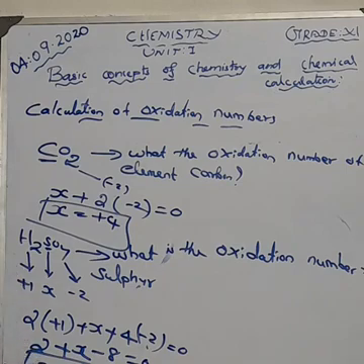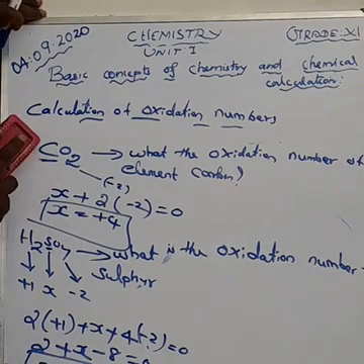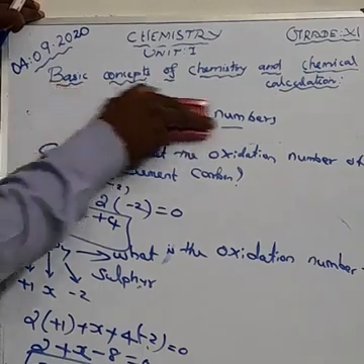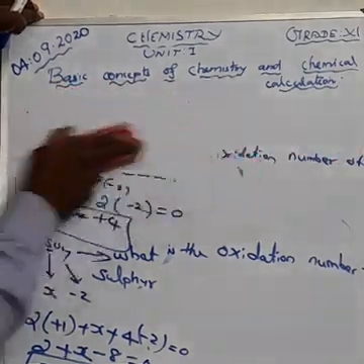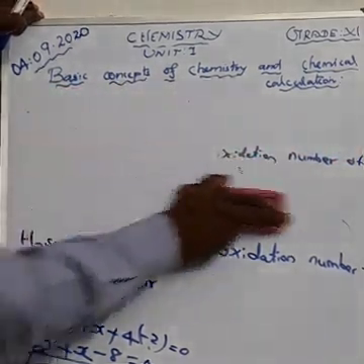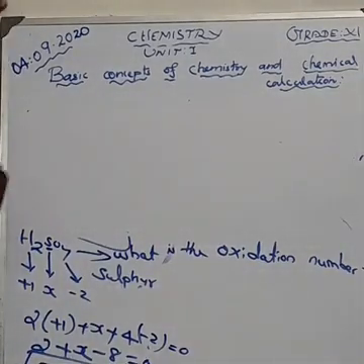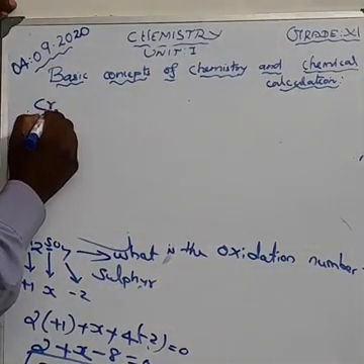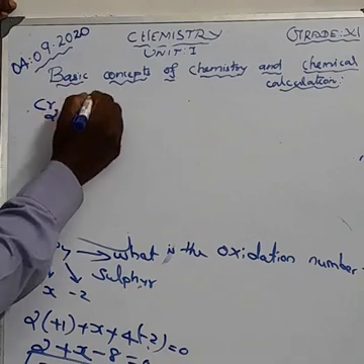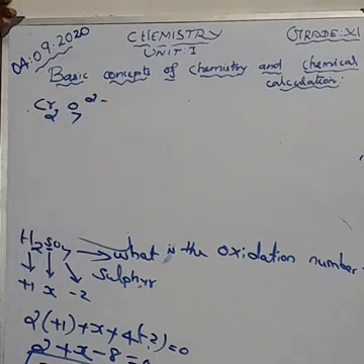Next one, important question, dichromate ion. What is the formula for dichromate ion? Cr2O7 2-. This is the dichromate ion.